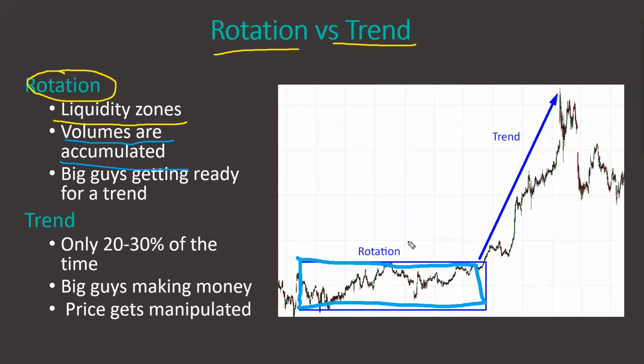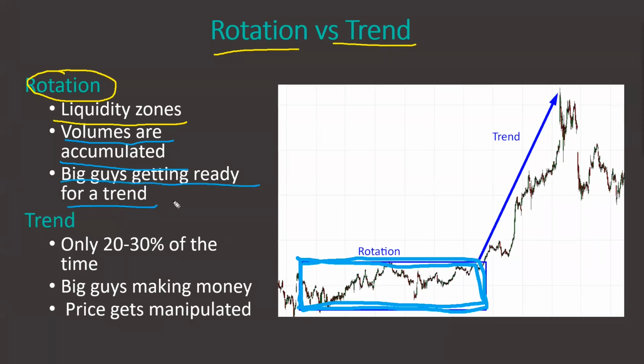And they need to do it slowly, unnoticed, so they don't move the market too soon. So the rotation is a place where those big trading institutions are accumulating their trading positions, right?